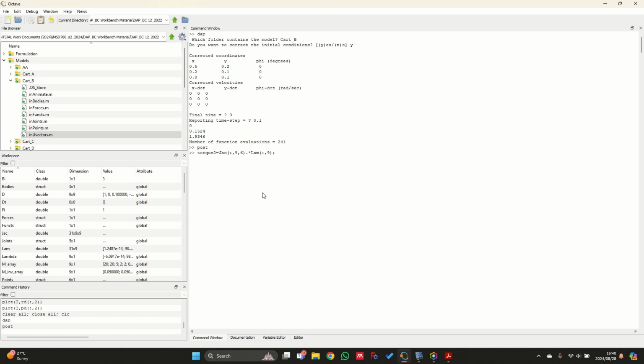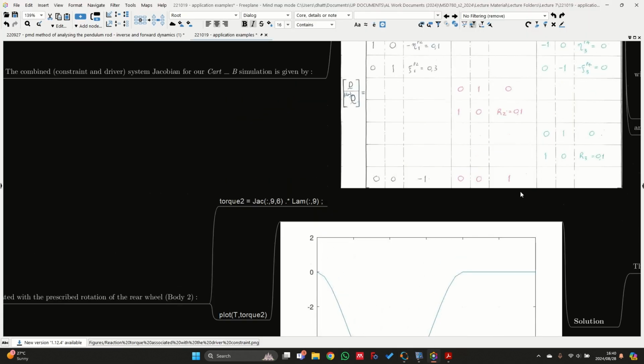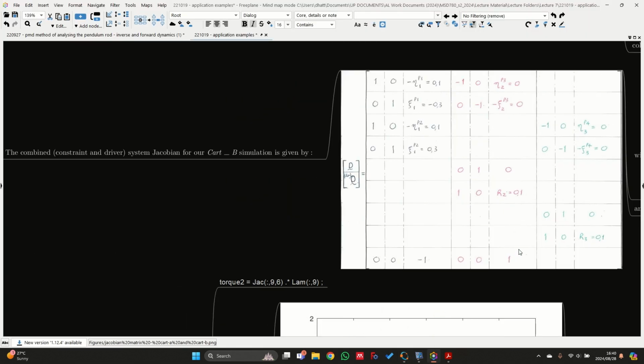So I'm just going to do that. The reason why I multiply by this Jacobian entry is simply to make sure that I'm working with the correct sign. If I were interested in the torque on body 1 and I multiplied now with -1, the sign would have changed, and I need to accommodate that sign when I do the calculation.